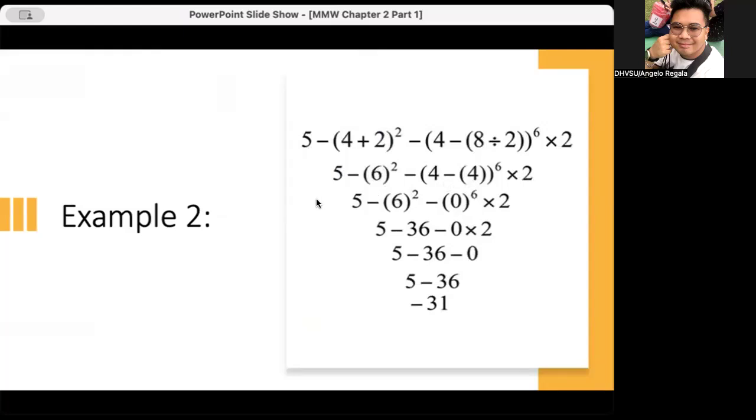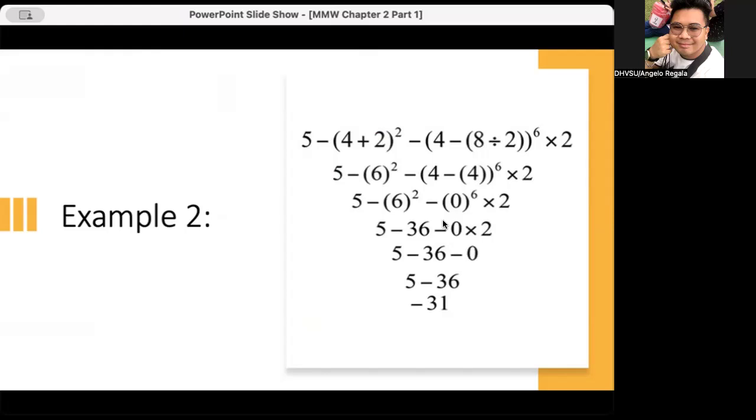Okay? So in this part, there are no more operations inside the grouping symbols. So what we do next is we look for the exponents. We have here 6 squared. So 5 minus 6 squared is 36. And 0 raised to 6 is 0.